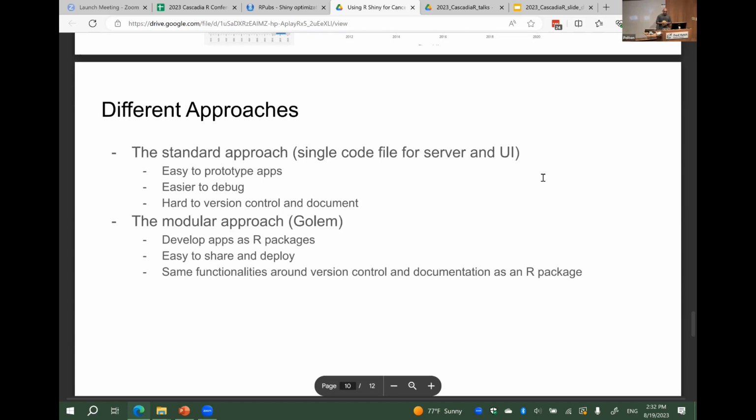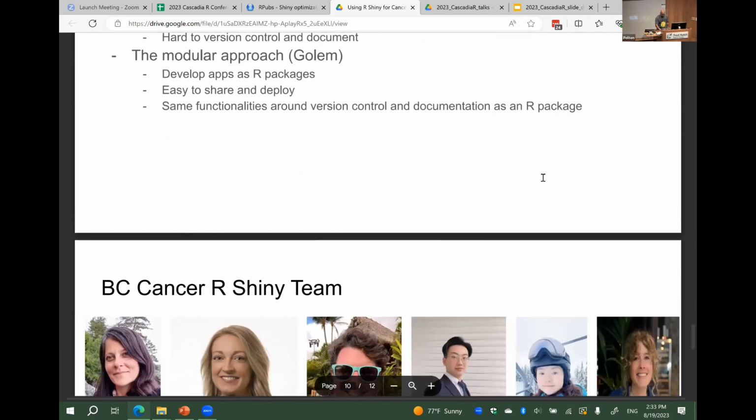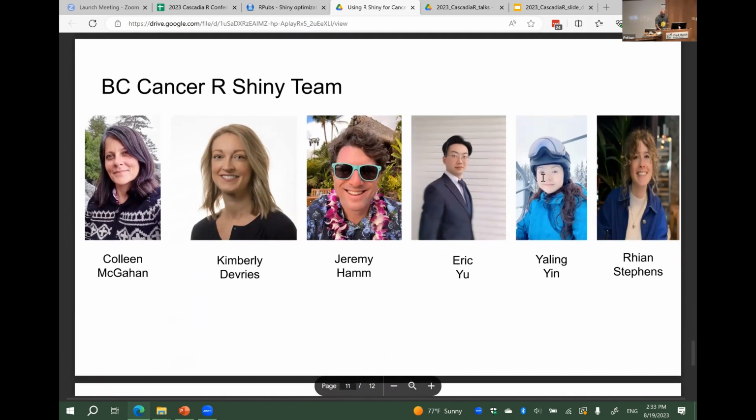So using Golem in that way, it was really easy for us to share the apps in a modular way. We just put the whole package on GitHub and send them an email: okay, there is the package with the complete documentation. They go and get it, install it as an R package, play around with it, and go from there.